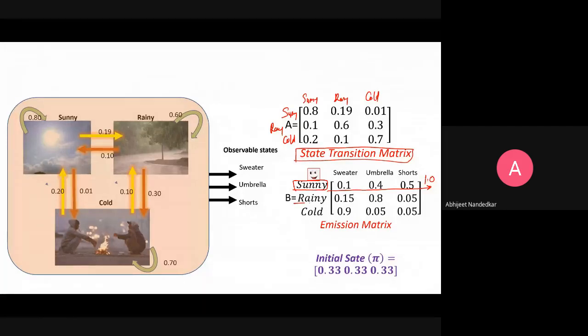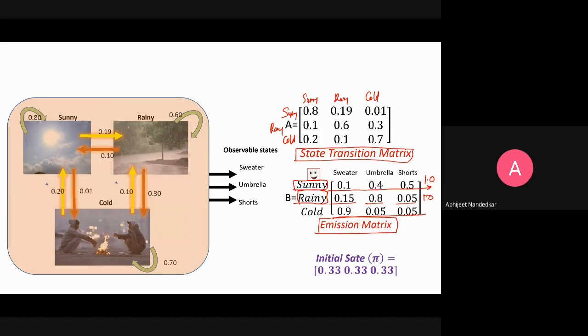Now given the day is, suppose, raining, then wearing a sweater is 0.15, coming with an umbrella is 0.8, wearing shorts is 0.05. So like that, I have a table B, which is called the emission matrix.